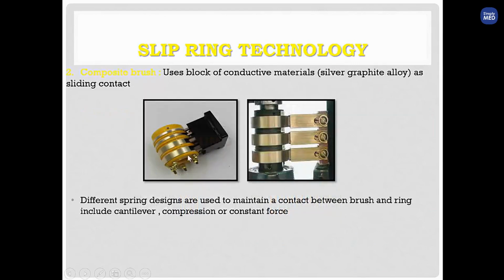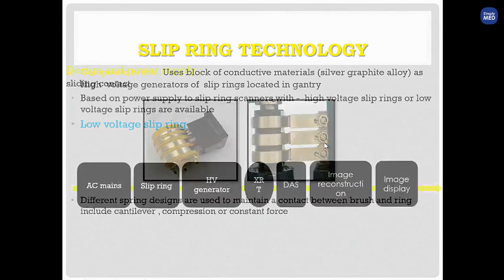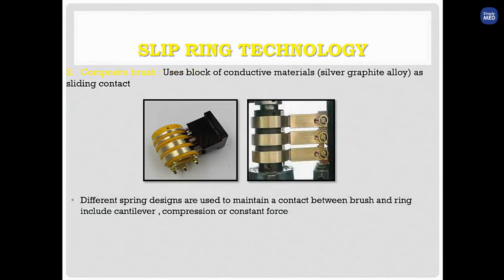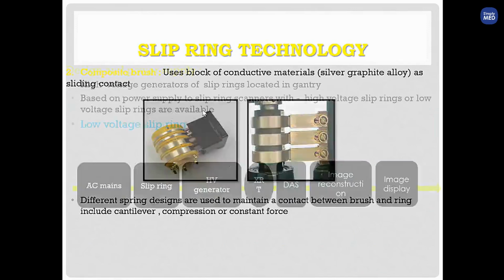In the composite brush, instead of wire we use a composite material like silver graphite alloy as the sliding contact. There are different designs to maintain contact between the brush and the ring.